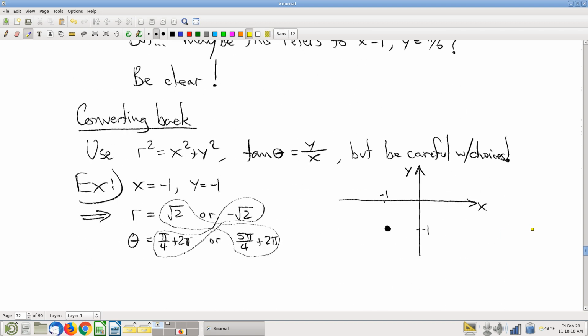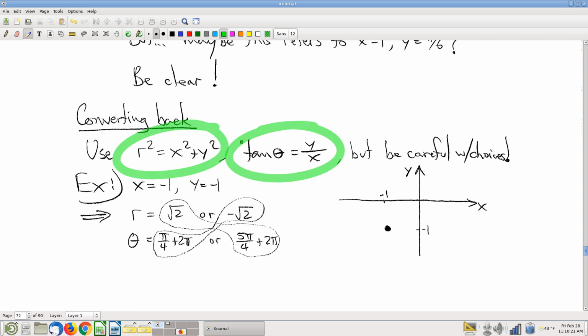And lastly, let me do this really quick because it's really quick. Converting back is dangerous. Now, it's easy to persuade yourself of these rules relating r's and thetas and x's and y's. It's very tempting to solve, air quotes, for r and say r is the square root of x squared plus y squared. Nope.